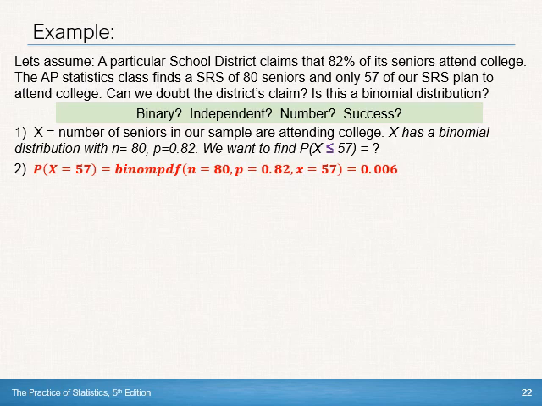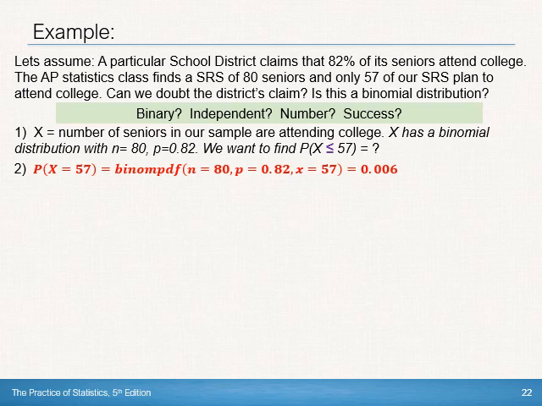57 out of 80 is on the low side of 82%. If you see, the probability that it's exactly 57 is 0.006, so we don't want to calculate that one. Even though this is discrete, we want to start thinking about this as though it's a density curve.